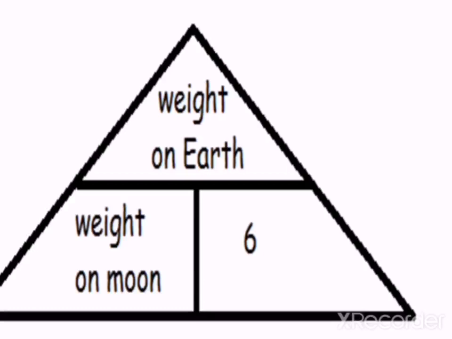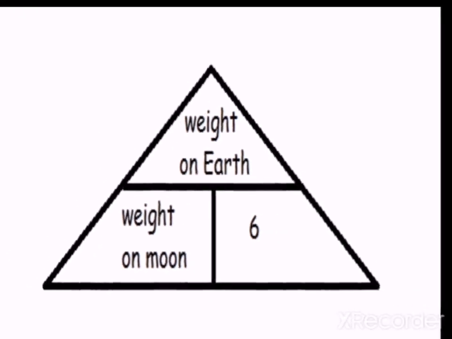So you have two triangles to solve any problem. Triangle number 1, weight on earth equals mass times 10. And triangle number 2, the weight on earth equals weight on moon times 6.